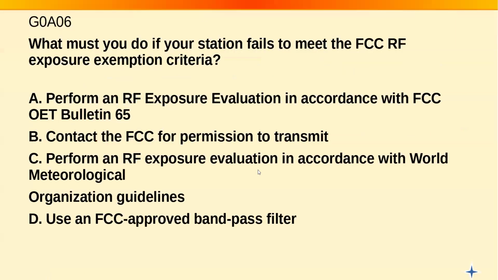So people check it. What must you do if your station fails to meet the FCC RF exposure exemption criteria? Which means anything but that old handy talkie.